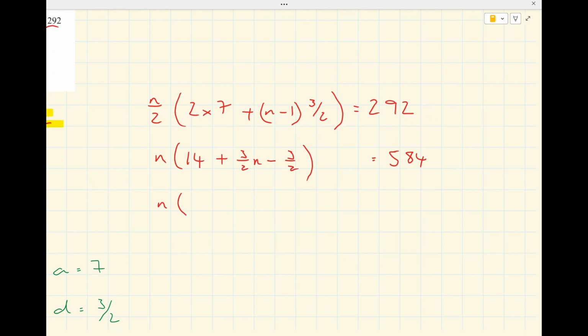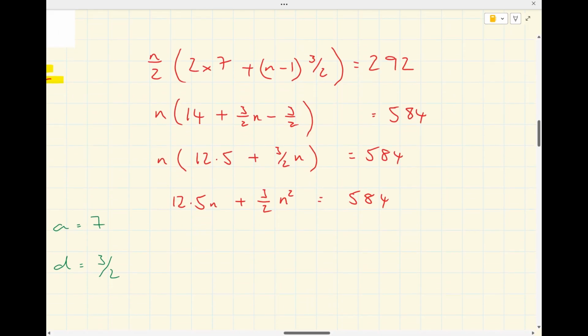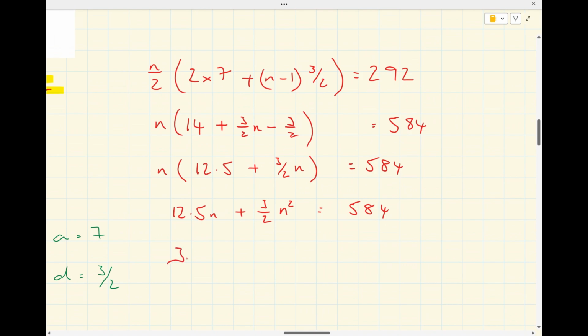Let's tidy up the bracket, shall we? 14 minus 1.5 is 12.5, plus 3 over 2n equals 584. Multiply out that bracket: 12.5n plus 3 over 2n squared equals 584. So I'm tempted to multiply everything by 2, really. Get rid of that 2 on the bottom. And while I'm at it, I'll write my n squareds first. 584 multiplied by 2.